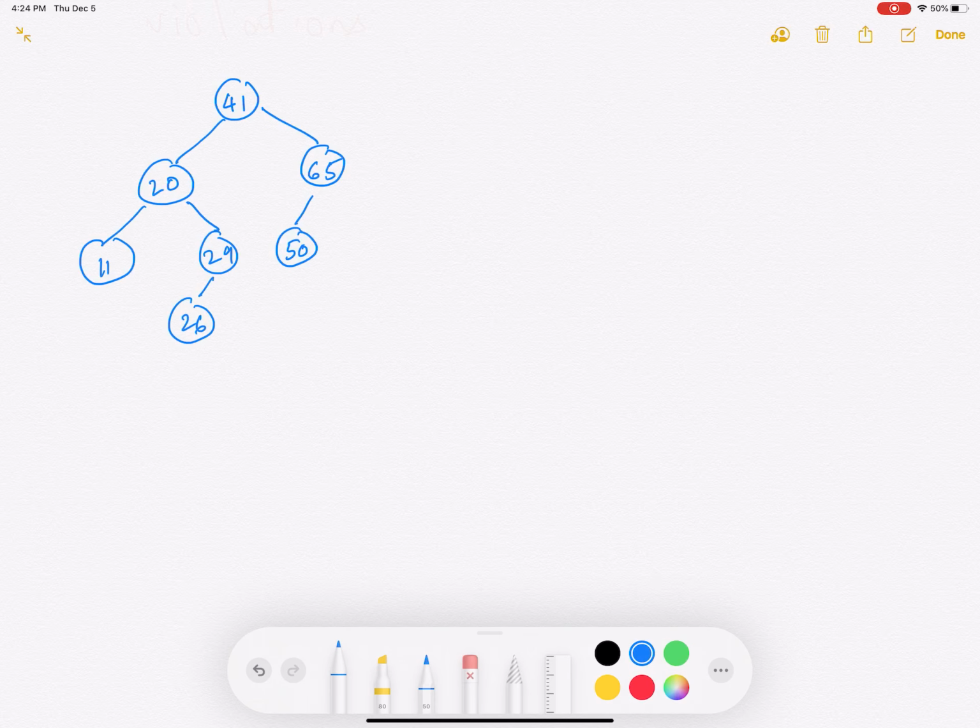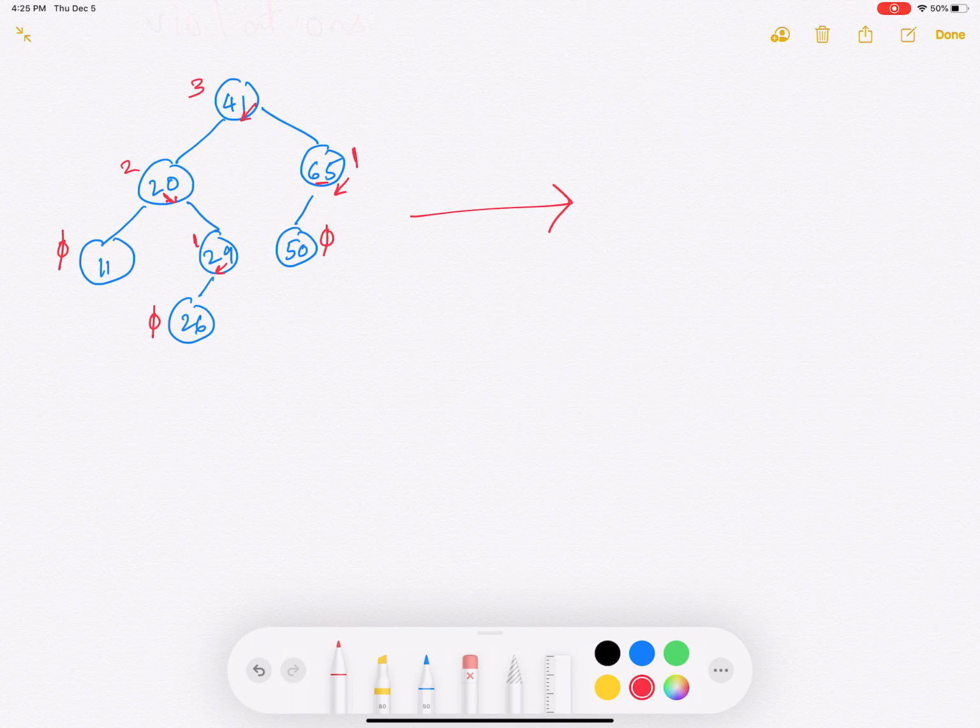Let's put in the heights. The leaves have heights of 0. 65 has a height of 1, and it is heavy in this direction. 29 has a height of 1, it's heavy in this direction. 20 has a height of 2, it's heavy in the right direction. And 41 is heavy in the left direction with a height of 3.